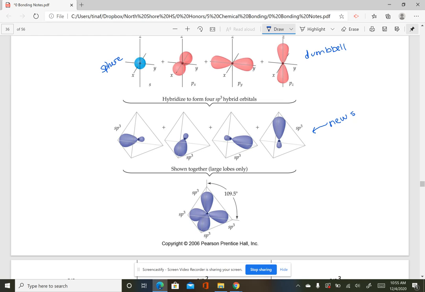So notice that this shape here doesn't match a sphere or a dumbbell perfectly. It's a new shape. And that new shape is more stable and it has a lower energy.